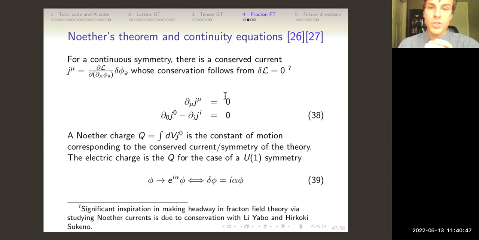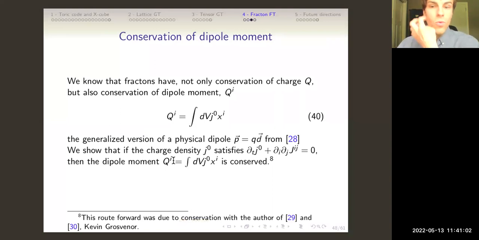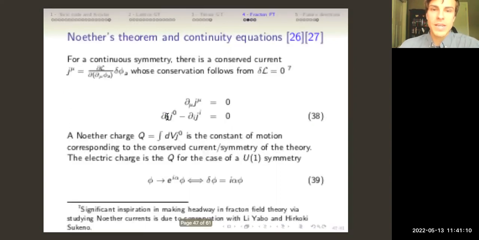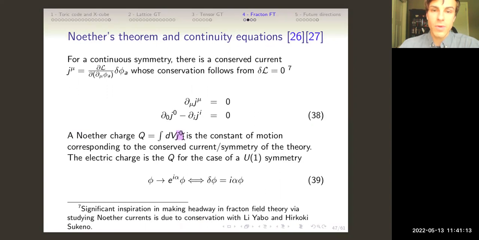We have a Noether charge in the U(1) case, which is a symmetry where the field transforms with an exponential, and the symmetry reads like this. The electric charge is the conserved Noether charge here. In the dipole case, it's not clear at first where this kind of continuity equation would come from. Recall that this is a rank 1 object and this is a rank 0 object.